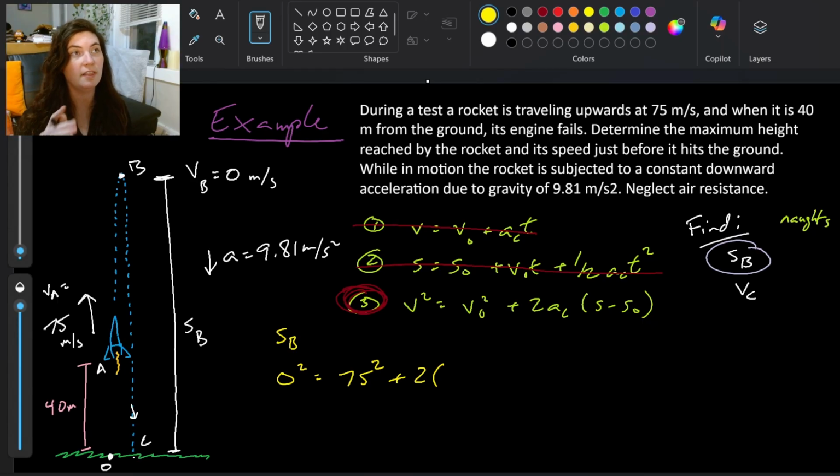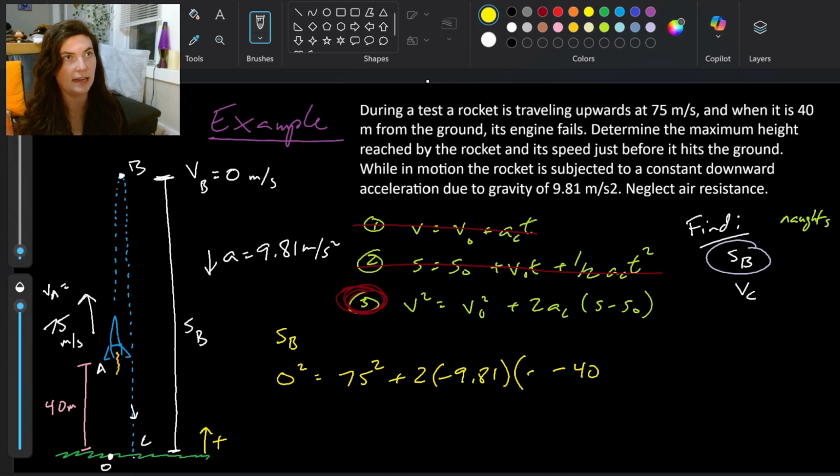Now remember, this acceleration is pointing downwards, and for this system I'm going to assume that up is positive. So since my acceleration is pointing downwards, I need a negative sign on here. It has to be negative 9.81 for that acceleration. And then multiply that by the change in distance. I know my initial position is 40, but I don't know that final position, that SB. That's what I'm trying to solve for.